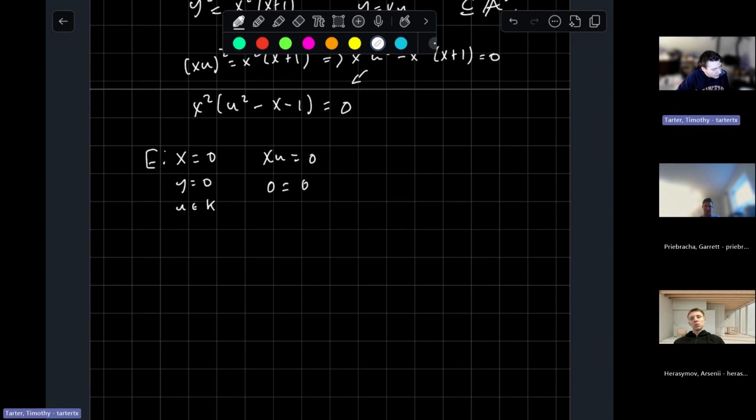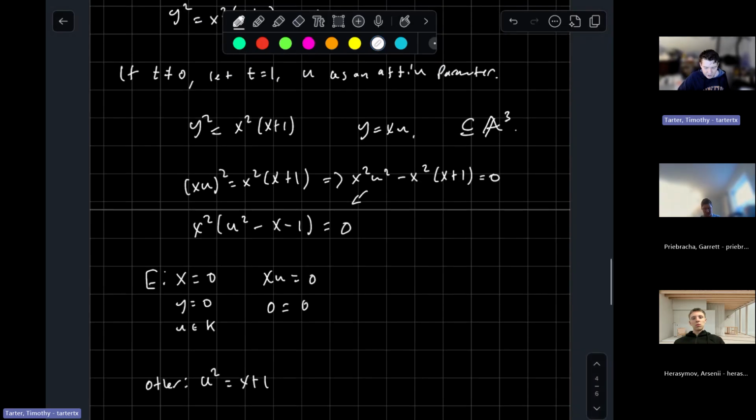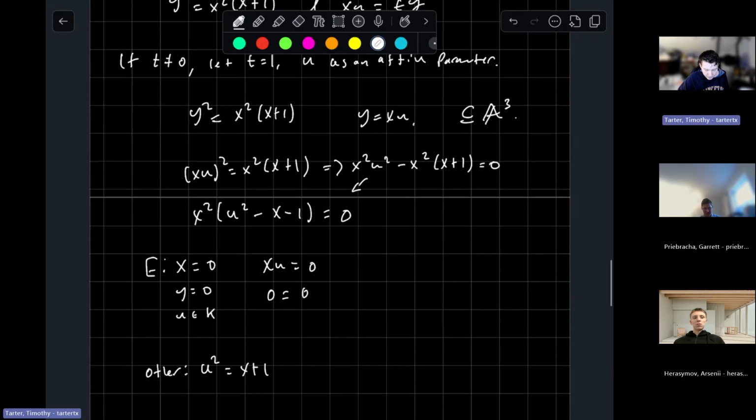And then the other is defined by u squared is equal to x plus 1, which makes sense.